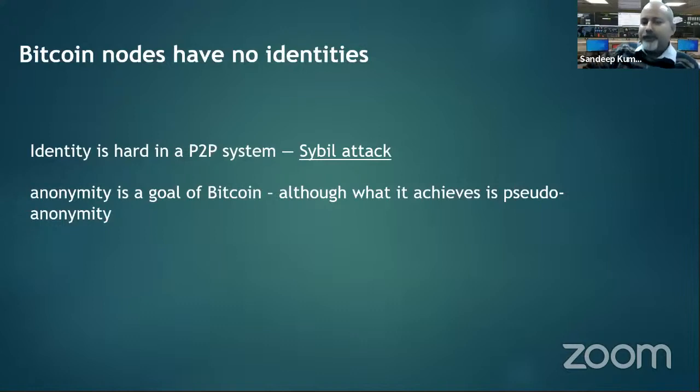So let's say you are very rich and you create 20,000 nodes, then 20,000 nodes will simultaneously try to solve the hash problem.